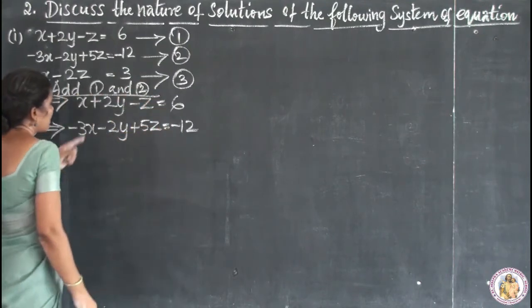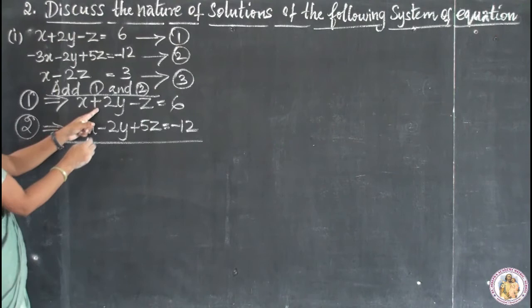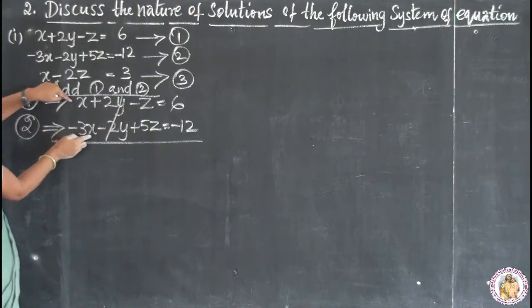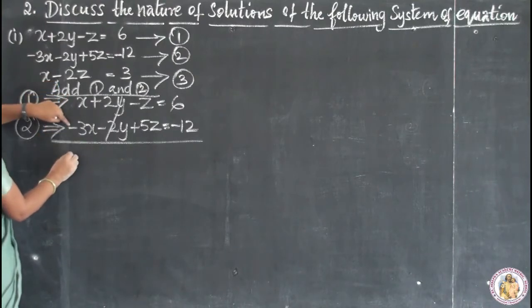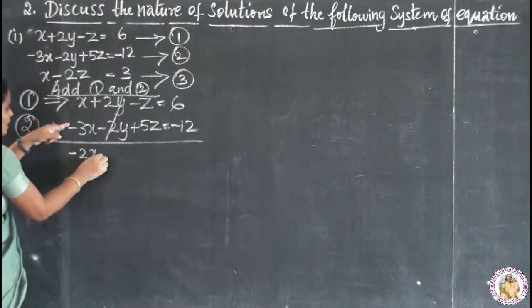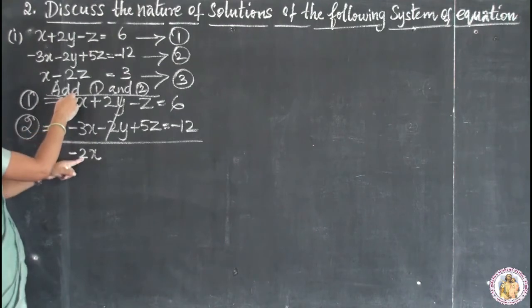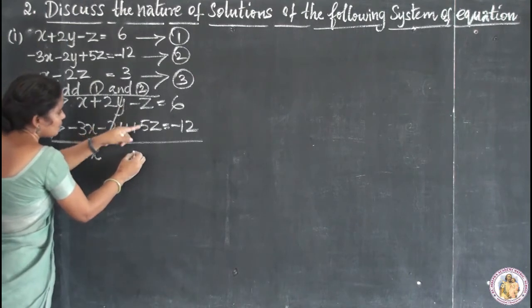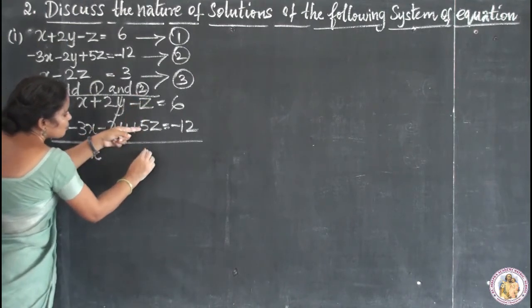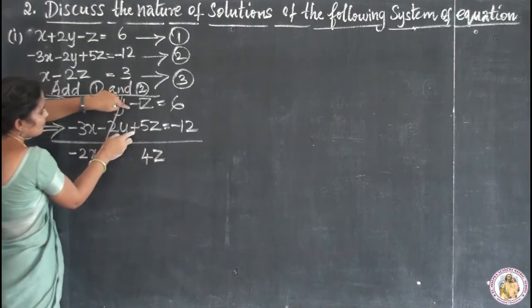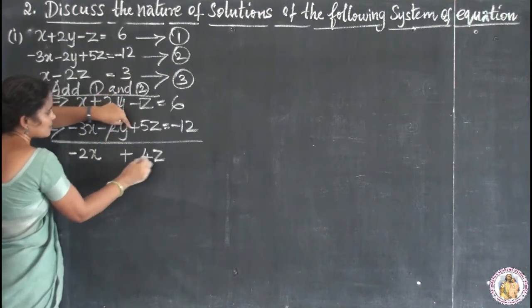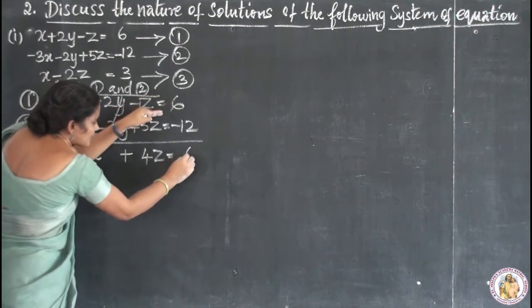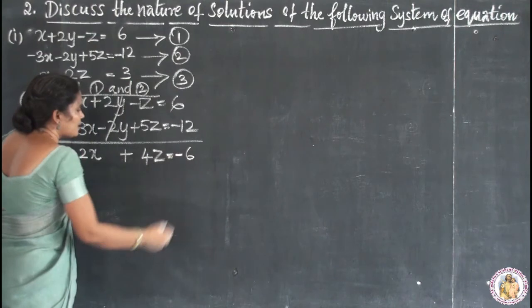Different signs, 5 minus 1 is 4. 5 is greater, use plus, is equal to, different signs, 12 minus 6 is 6. 12 is greater, minus 6.